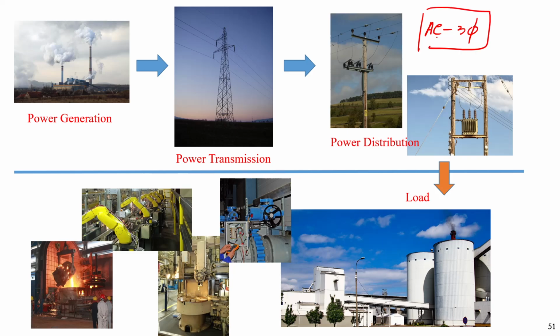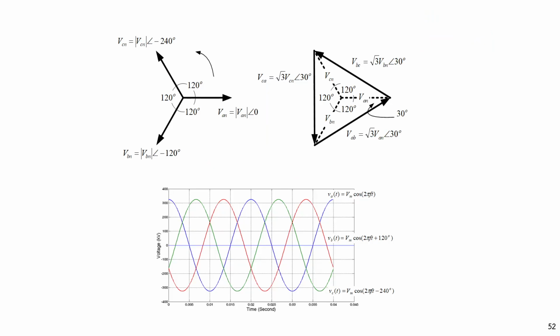When you work in a large factory, the power supply to the machine will usually be three-phase AC power. So the representation is VA, VB, VC with a phase shift of 120 degrees.